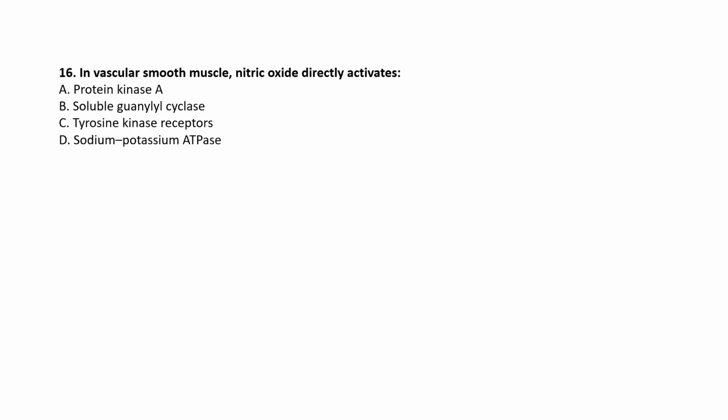Also, an interesting fact is that nitric oxide has a half-life of only a few seconds, so it doesn't diffuse that far. I think earlier I said it diffuses far. I meant to say it diffuses near, which is that it will not go that far because it doesn't last that long.